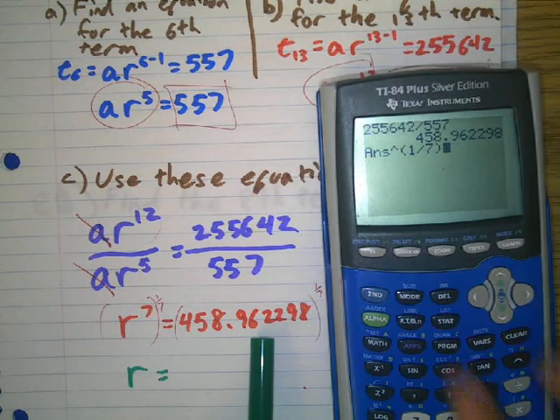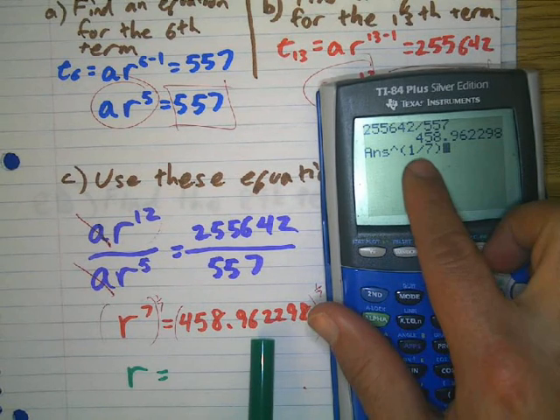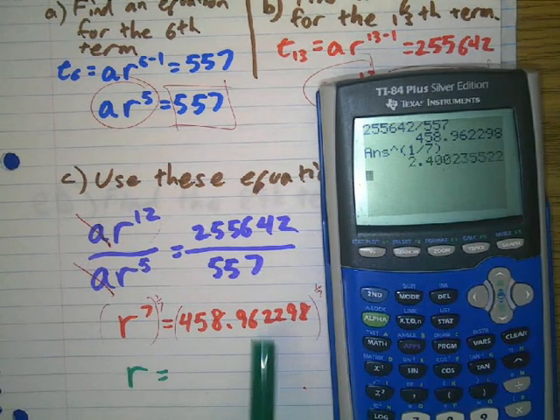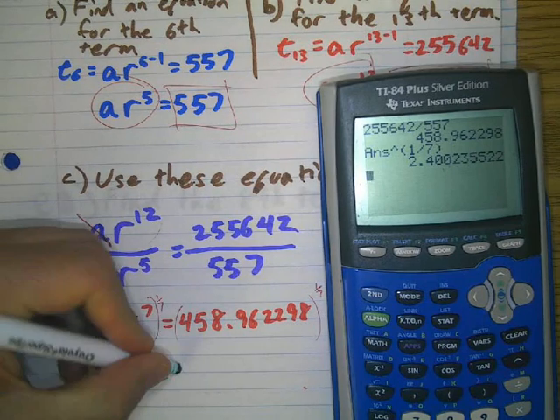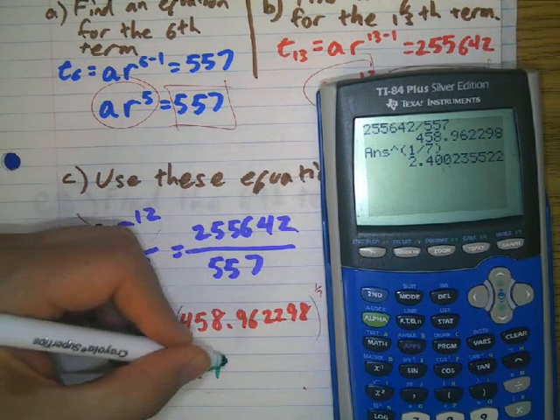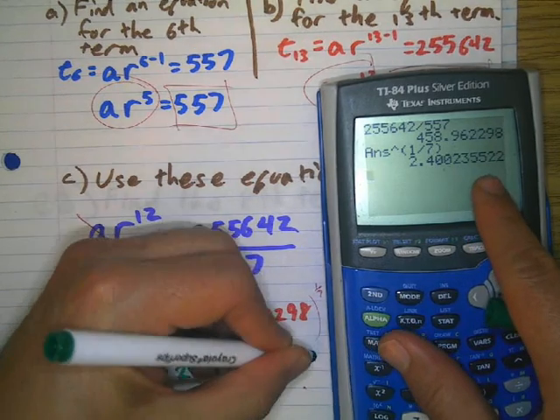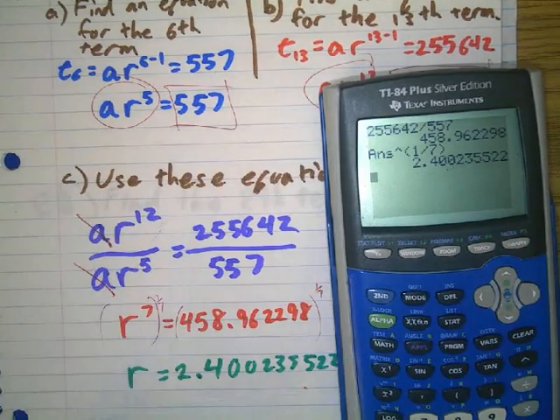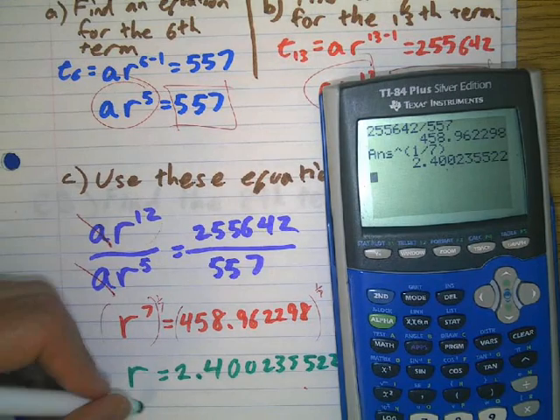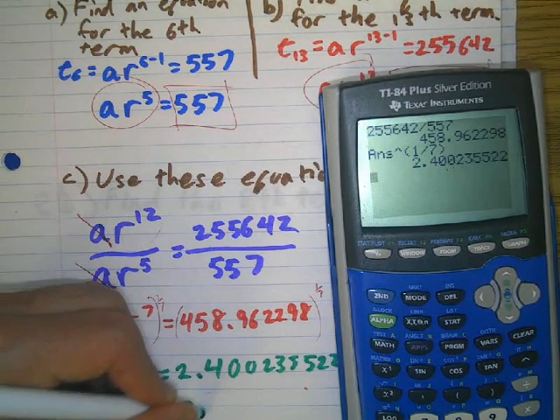I hit enter and I get r is 2.4002355522. So the calculator is only so accurate. r is actually equal to 2.4.